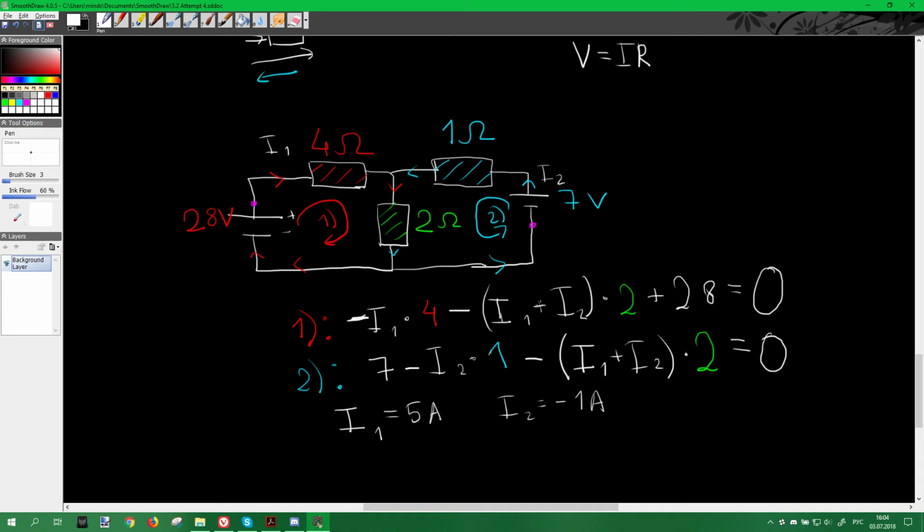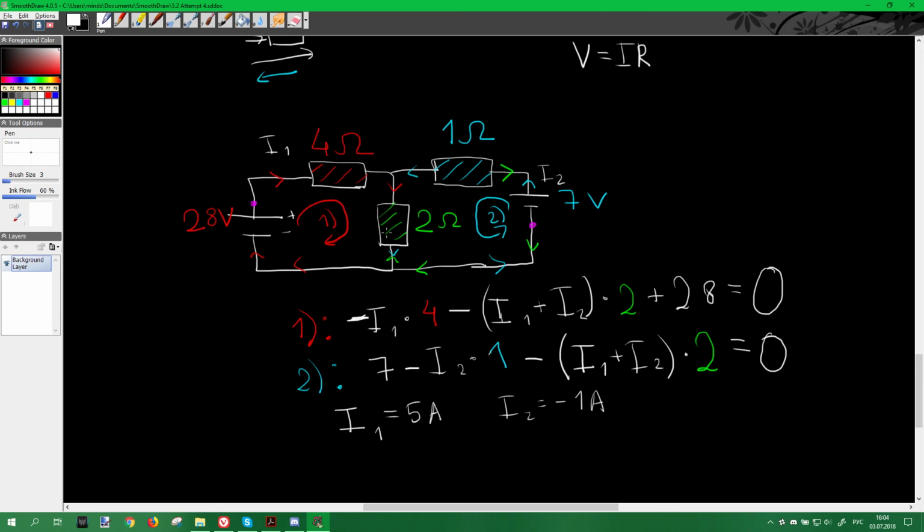In this case, yes, it does, because it means that the current direction is not as I have drawn with the light blue color, but in the opposite direction, so green color. So if I were to identify the current in this direction, I would get positive 1 amp. So in this case, yes, this makes sense.